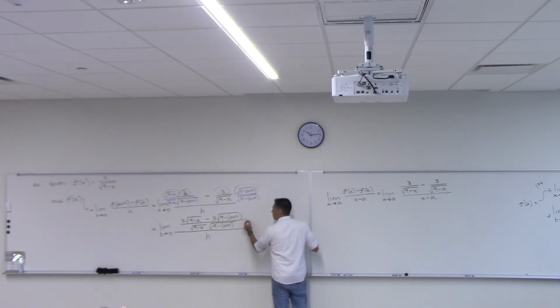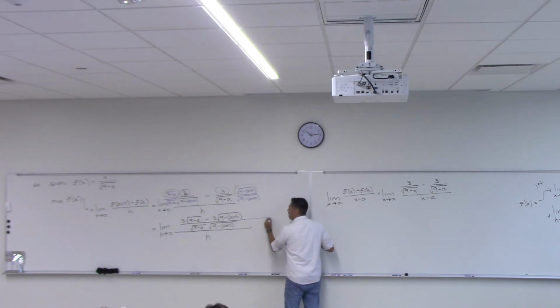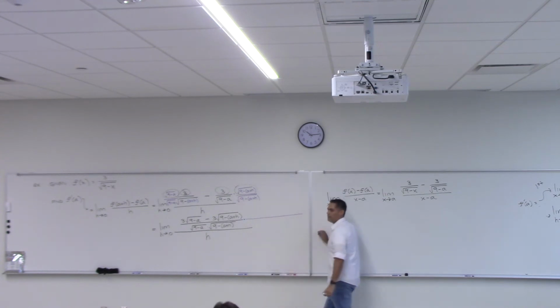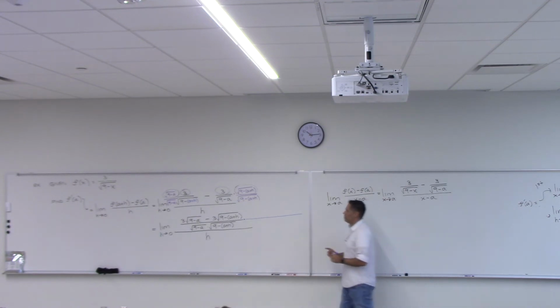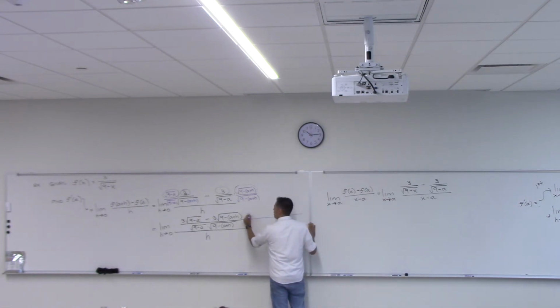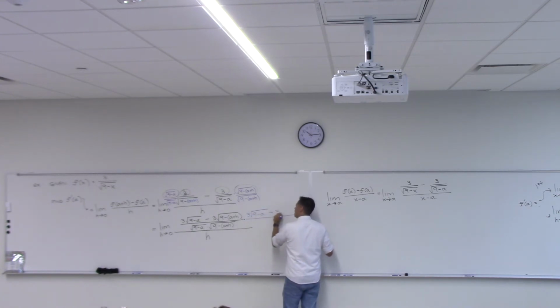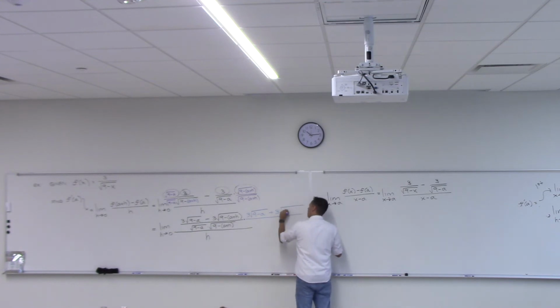So I'm going to multiply by the conjugate on top and bottom right here. The conjugate that I'm going to use is 3 square roots of 9 minus a plus 3 square roots of 9 minus parentheses a plus h.